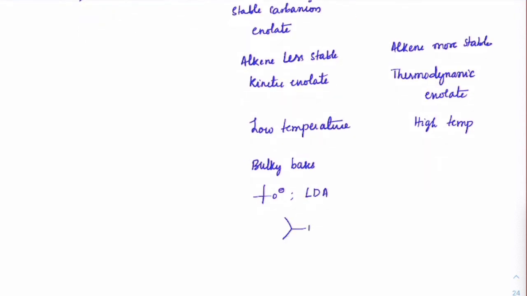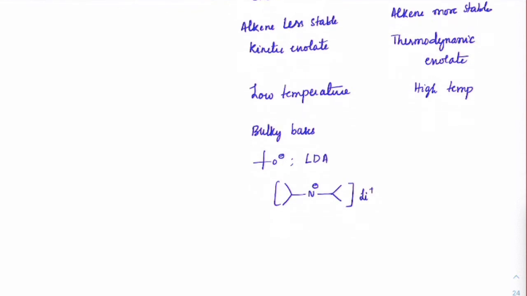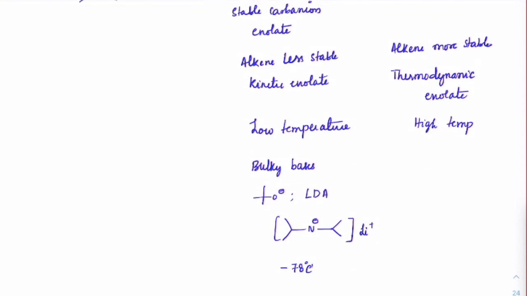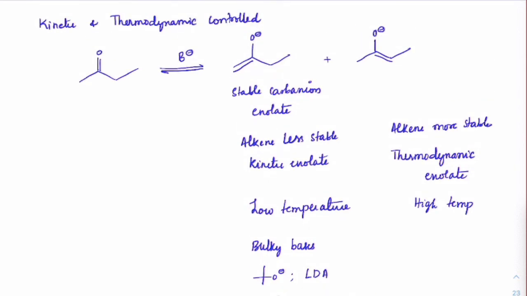If you don't remember, this is the structure of LDA minus and lithium plus. All these at around minus 78 degrees centigrade, these bulky bases will usually give the enolate at the less substituted carbon. So those will always extract the proton from this carbon.